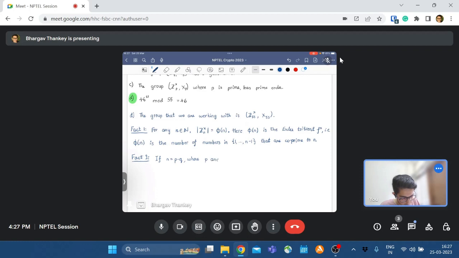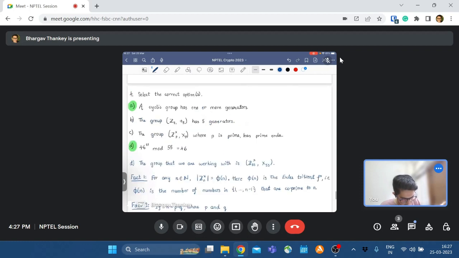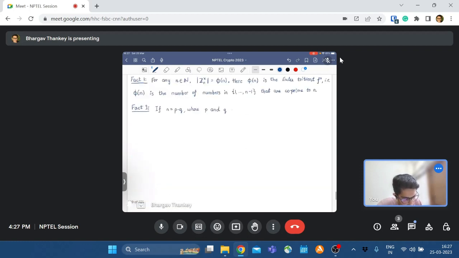If P and Q are primes, then phi of P times Q is P minus 1 times Q minus 1. This fact gives us a way to compute the Euler totient function when n is just a product of two primes.